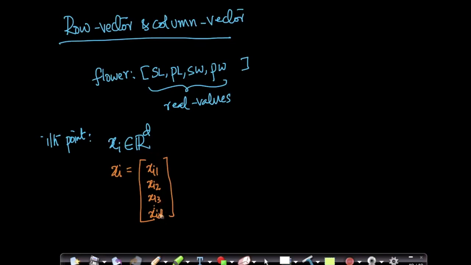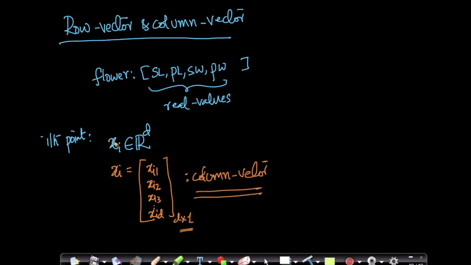This is a d-dimensional vector. And remember, this is a column vector, because my data point is represented as one column of data. It has d rows and only one column, and hence this is called a column vector.